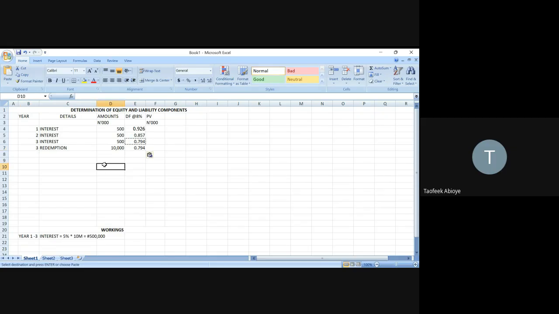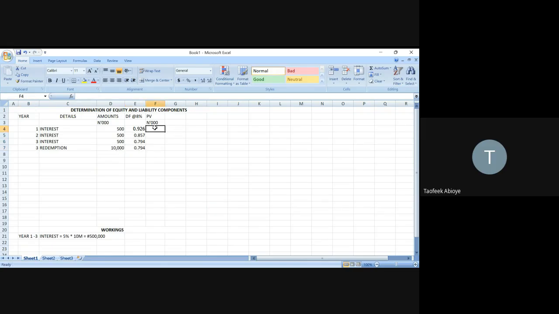For professional level, I can just say interest plus redemption. In year 3, I will collect interest plus redemption, so this place will now be 10.5. But let's leave it like this. We should be very conversant with this discount rate. It must be the same because it is year 3.